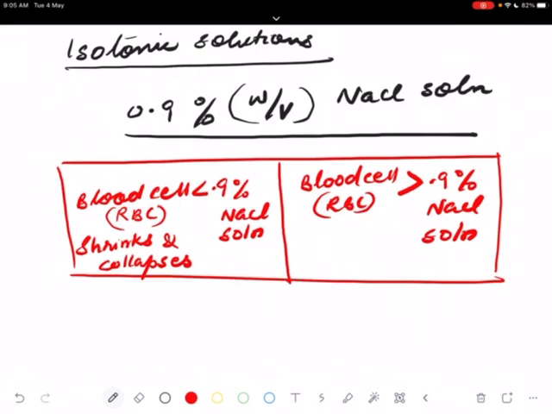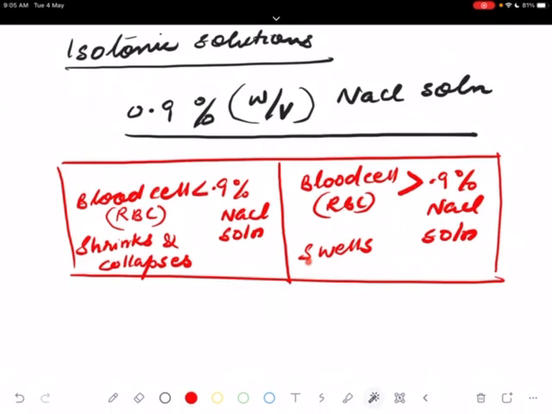But on the other side, this is having lower concentration. So from here, the solvent enters here. So what happened? Blood cell swells. So here it is collapsing, here it is swelling.